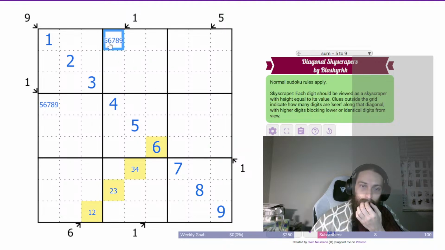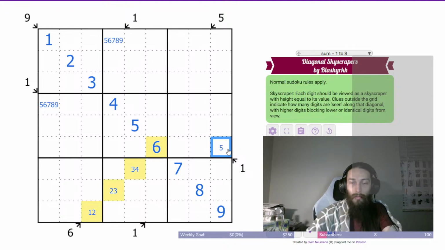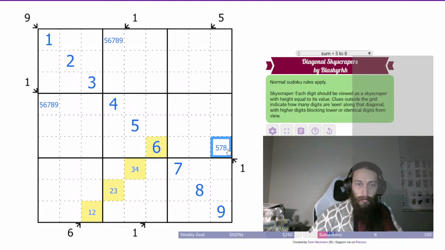And since this digit exists and must be at most the same height as this one's minimum 5, and it can't be 6 or 9.